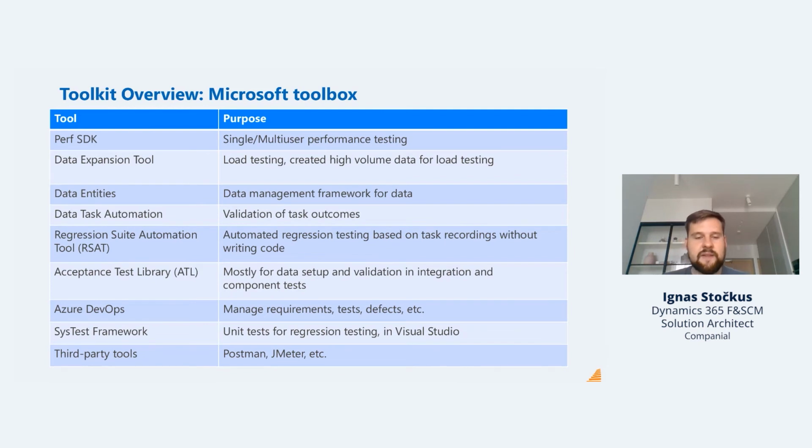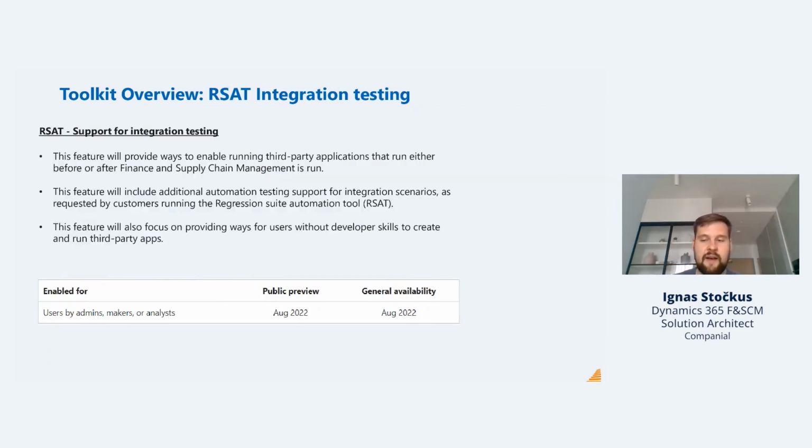So the bad thing is that we don't have a dedicated toolbox. The good thing is that there's actually one coming up. RSAT will get a new improvement, and this is taken strictly from the docs website, where the RSAT tool should be able to support an end-to-end integration scenario, where it will allow you to run sessions for third-party applications that run before or after FNO.